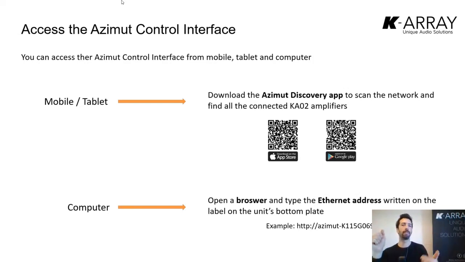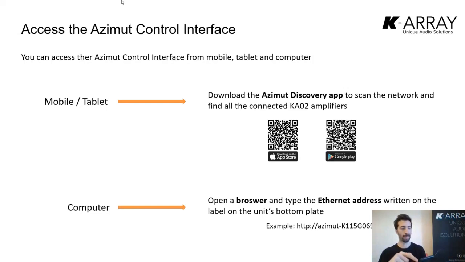Then with this app, you can scan the network, and the app will tell you all the amplifiers that were found. At that point, you click on one amplifier, and the app will automatically open your default browser and open the web page to access that amp. Okay, so it's very easy.